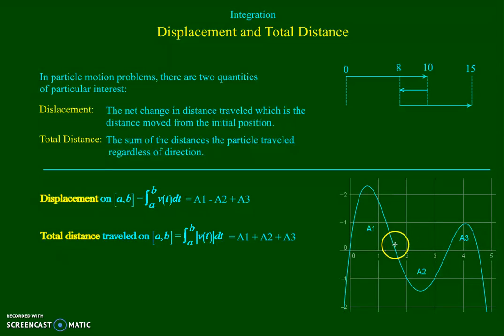And the way to do that is we'd have to integrate across the absolute value of the function. So in essence, we're taking each lobe and making it positive. We would take this piece and flip it, making it positive. That's what taking the absolute value would do.